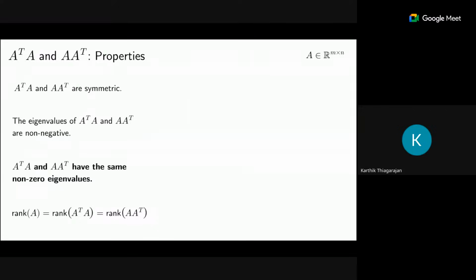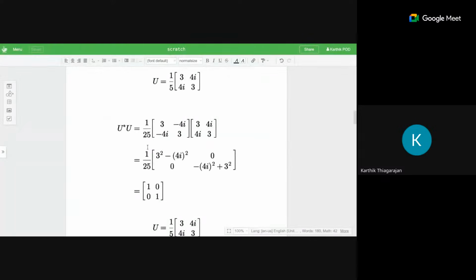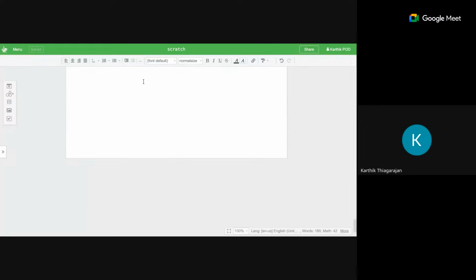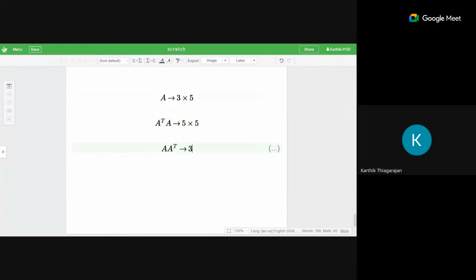So what does that mean? Let's say A is 3 cross 5. Then A transpose A is 5 cross 5, and A A transpose is 3 cross 3.